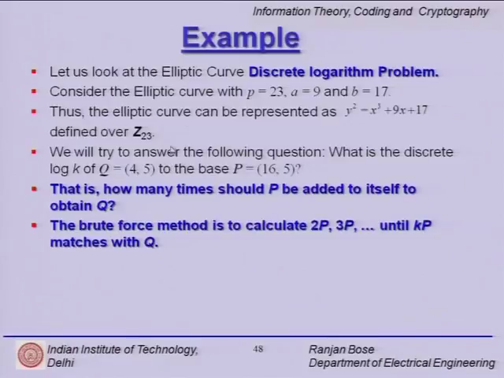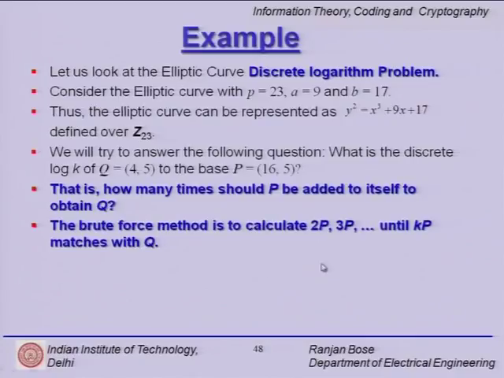And to give you the feel of this discrete logarithmic problem, we try to answer the following question: what is the discrete log k of Q equal to (4, 5) to the base P (16, 5)? That is, how many times should P, a point (16, 5) on the curve, be added to itself to obtain Q, like P plus P plus P? So, kP is Q. How many times? k. But remember, there is a mod in place, and that creates the problem.